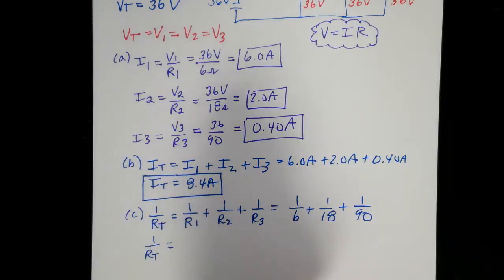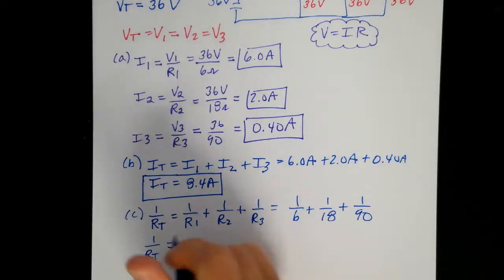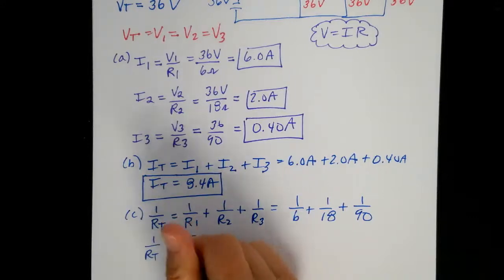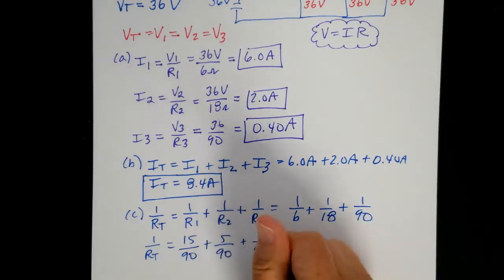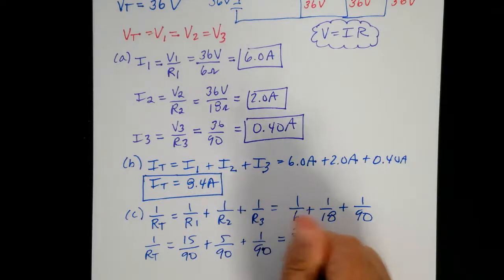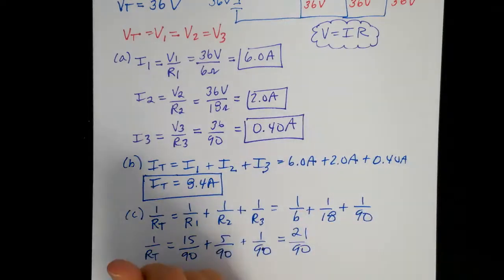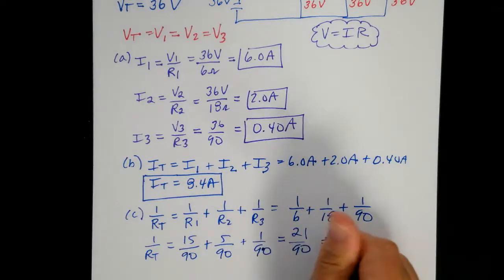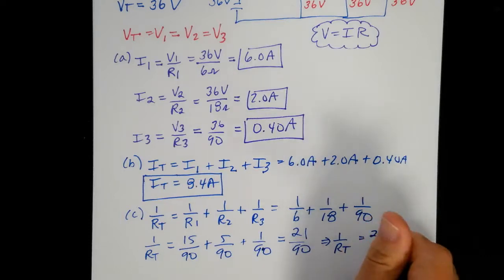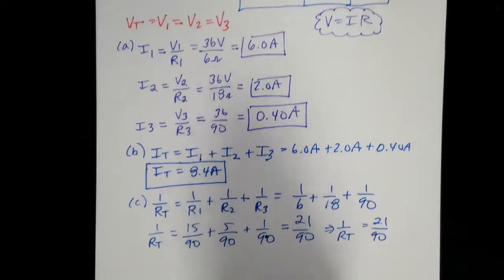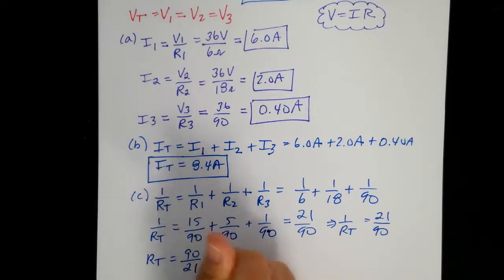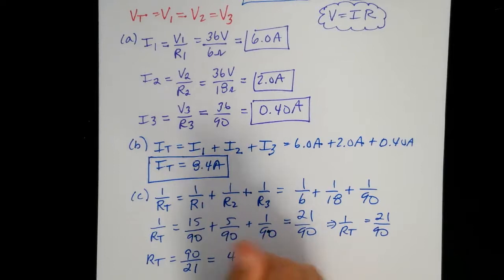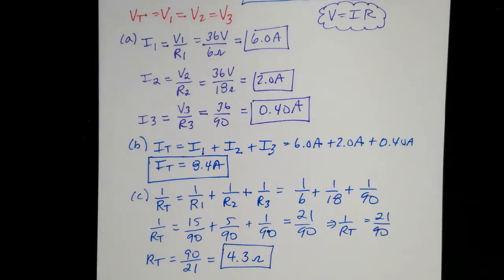Again, you can use your fraction button if you want. 15 over 90 plus 5 over 90 plus 1 over 90 is equal to 21 over 90. So 1 over RT is 21 over 90. So RT is equal to 90 over 21, which is 4.3. So that's how I find the equivalent resistance.